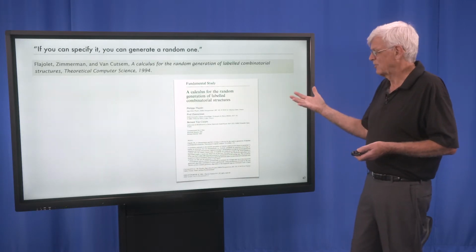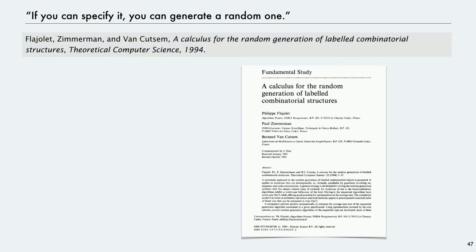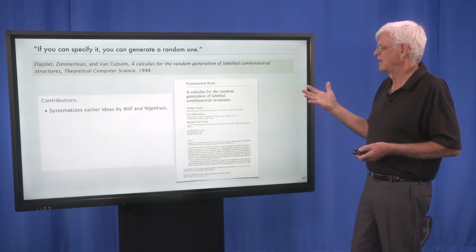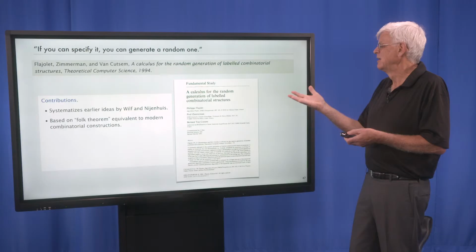Still, there was a paper published in 1994, a very important landmark, by Flajolet, Zimmerman, and Van Cutsem. A lot of these ideas were discussed by Wilf and Nijenhuis in that 1975 book, but the combinatorial constructions that we use today were just coming into use.